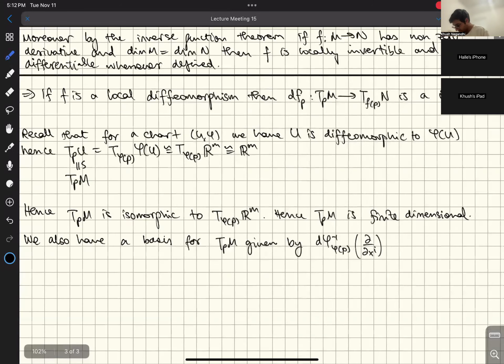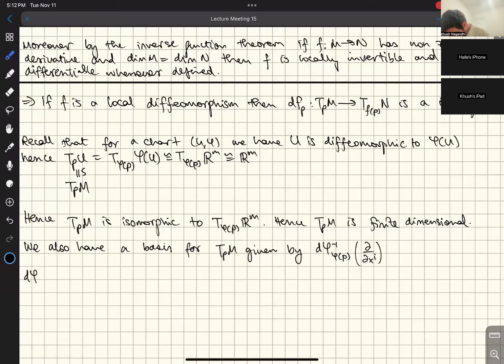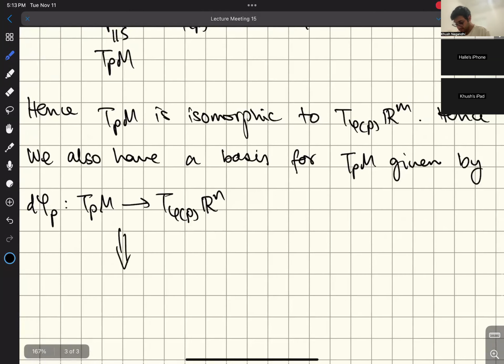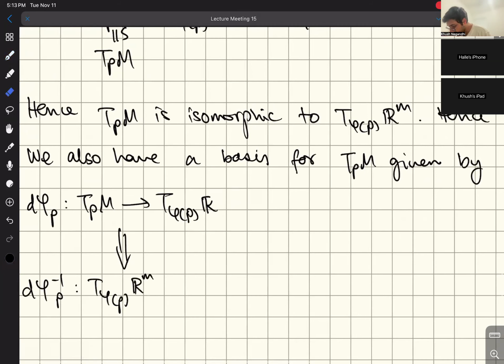And this makes sense because d phi at p is a map from T_pM into T_phi(p) Rn, which then means that d phi inverse at phi(p), using the inverse function theorem, is from T_phi(p) Rm into T_pM.